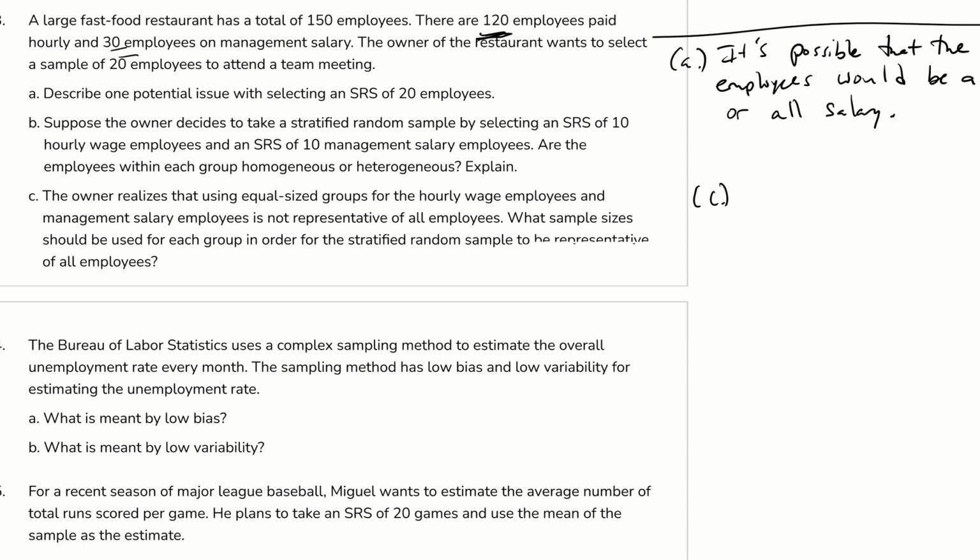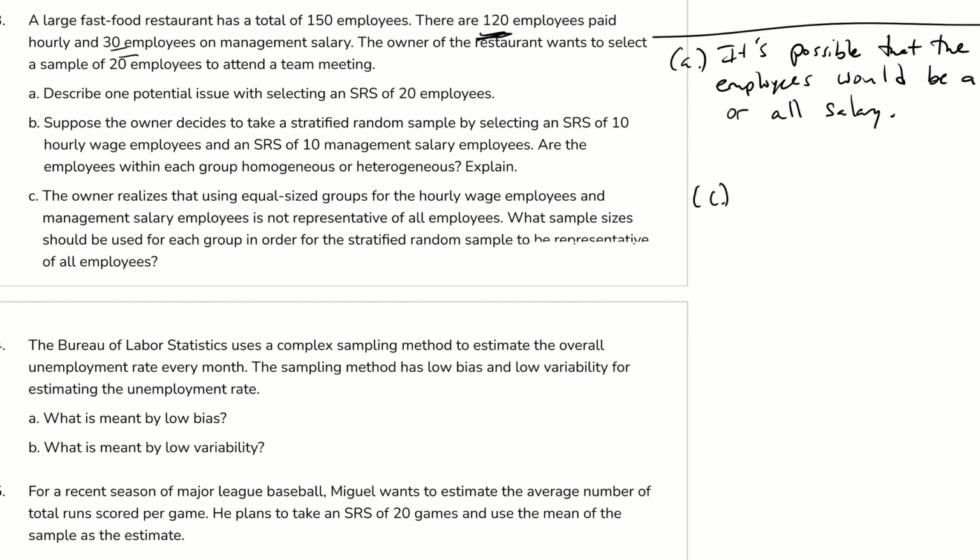So if I choose 10 from each, I chose 10 out of 120 hourly employees, and then 10 out of 30 management employees. 10 out of 30 is like 33% of those employees. 10 out of 120 is less than 10%. These are things you want to keep in mind in order to have the same representation here.